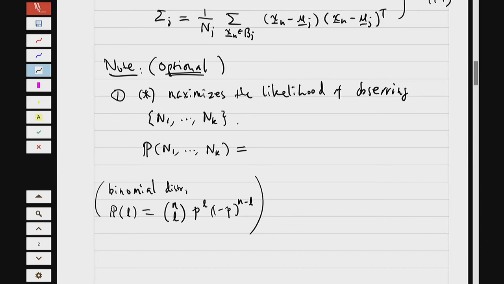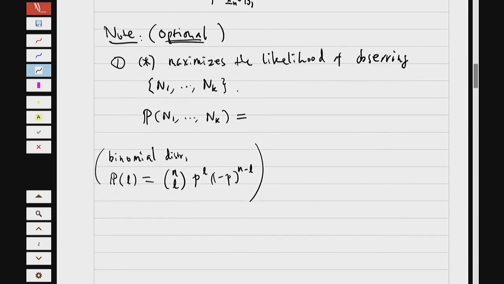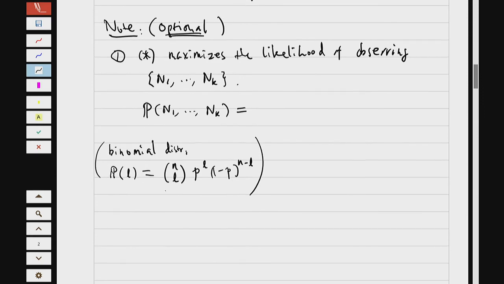The reason is that p is the probability of showing heads, and 1 minus p is the probability of seeing tails. If there are L heads, then n minus L will be tails. But you also have to account for how many ways there are to arrange these n tosses to have exactly L heads. So it's n choose L. What does n choose L look like?